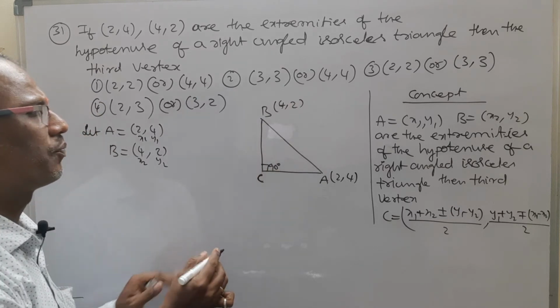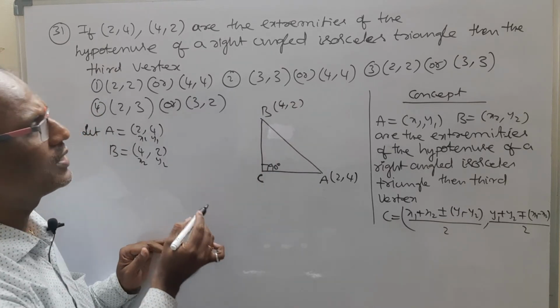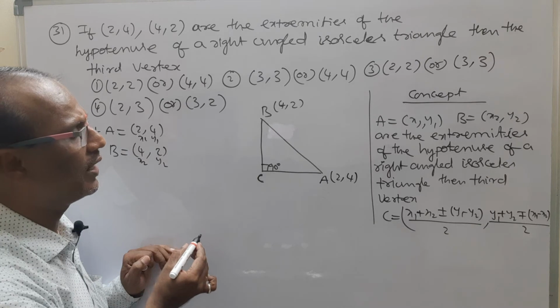Listen here, this is the triangle ABC, a right angled isosceles triangle.